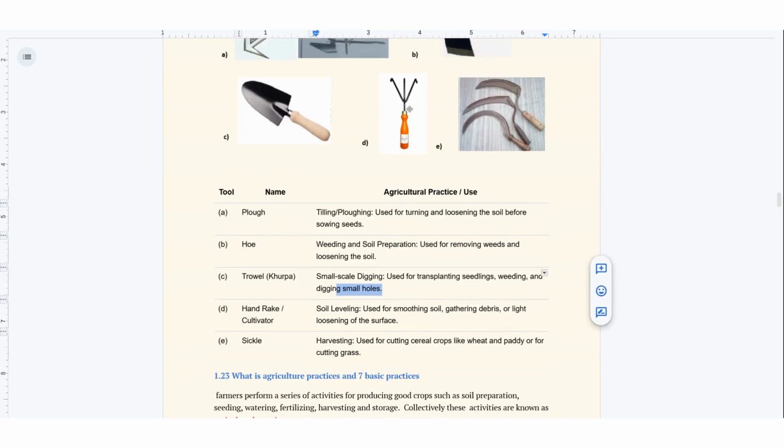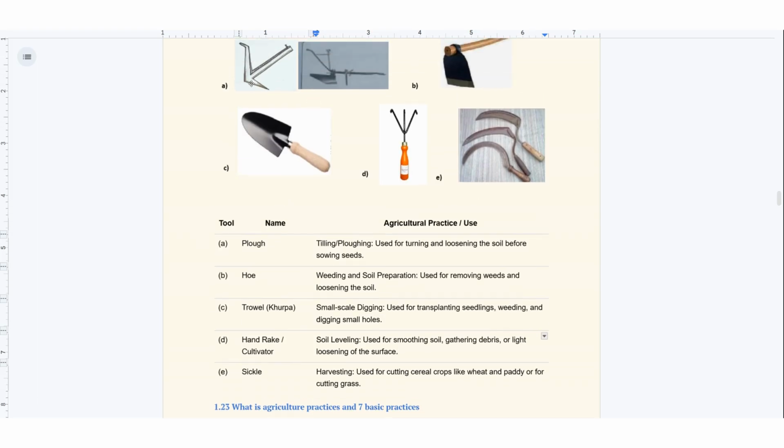Hand rake. This is for the small scale, not a bigger scale or cultivator. Some words to remember: soil leveling, used for smoothing the soils, gathering debris, or light loosening of the surface. The plow will loosen the soil in a heavy way because if you see the length of its cone, it is very high, whereas this is minor, like the length of your finger.